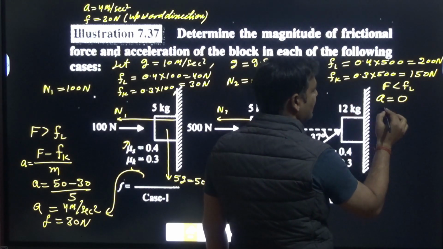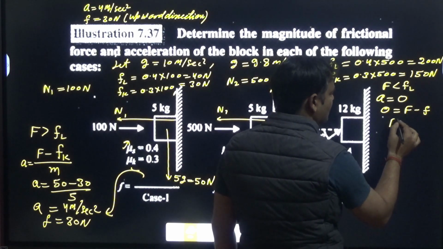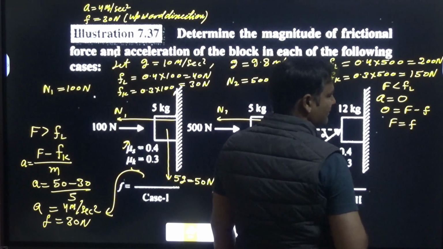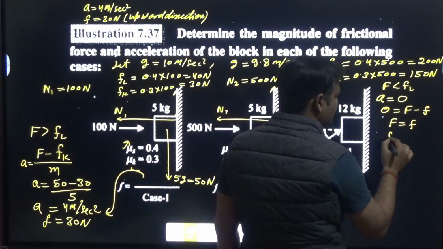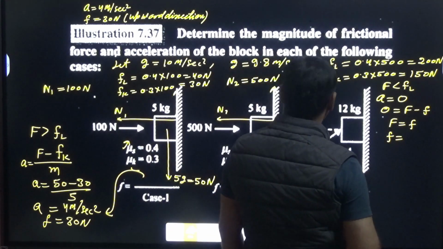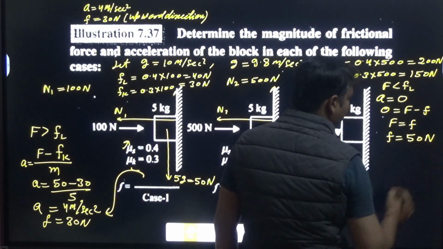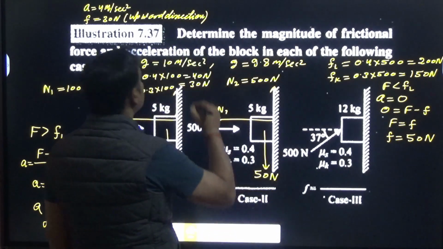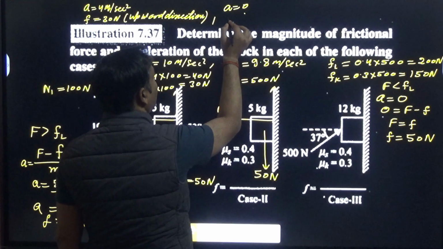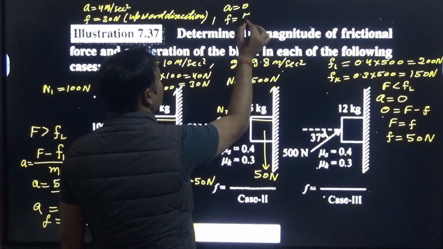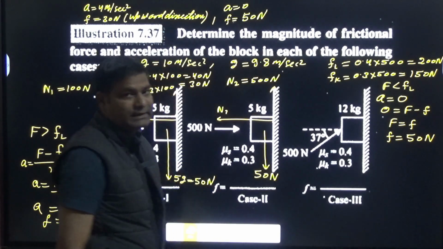In this case, if A is 0, then F minus f equals 0, so F equals f. F is 50 Newton, so frictional force is 50 Newton. Acceleration in the second case is 0 and frictional force is 50 Newton only.